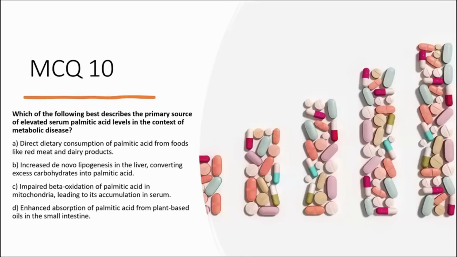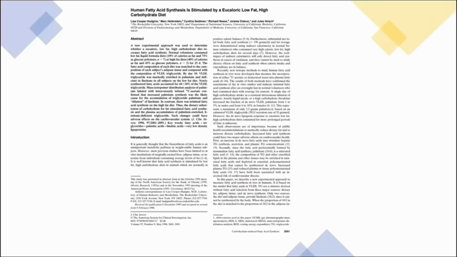The body actually can convert carbohydrate into palmitic acid, and this has been proven to be a more significant factor in rising palmitic acid levels than the direct consumption of palmitic acid itself. This is an incredibly important point.